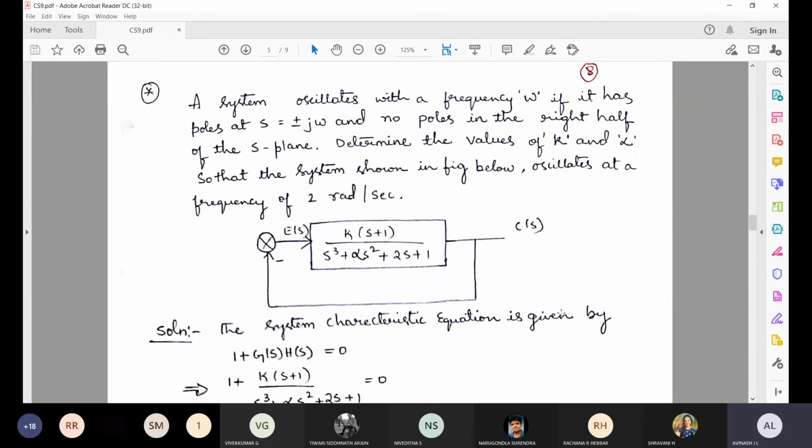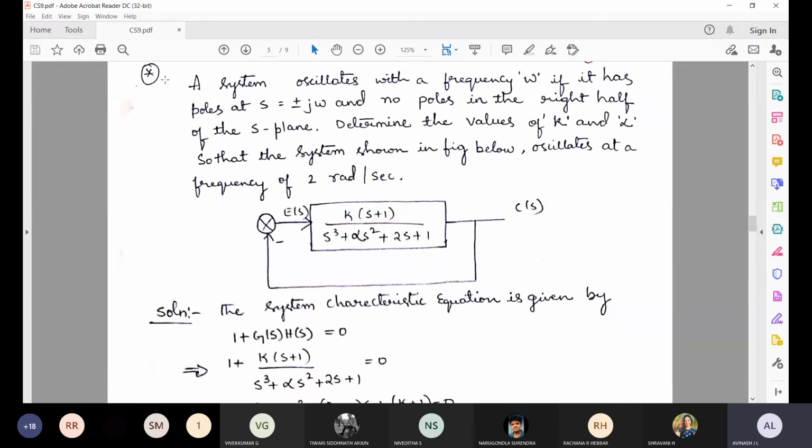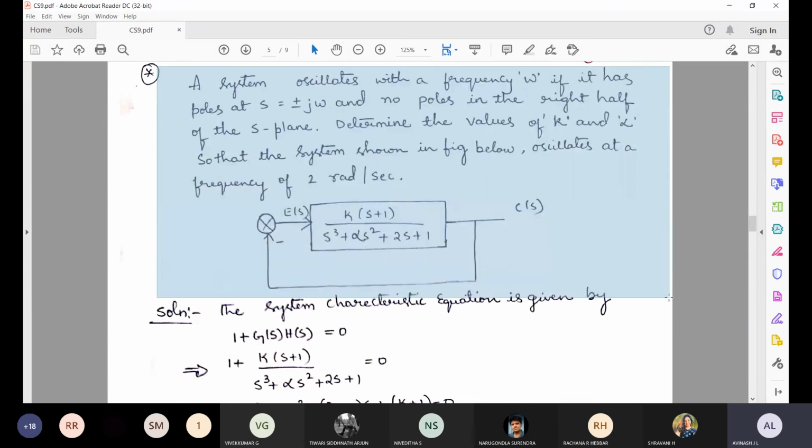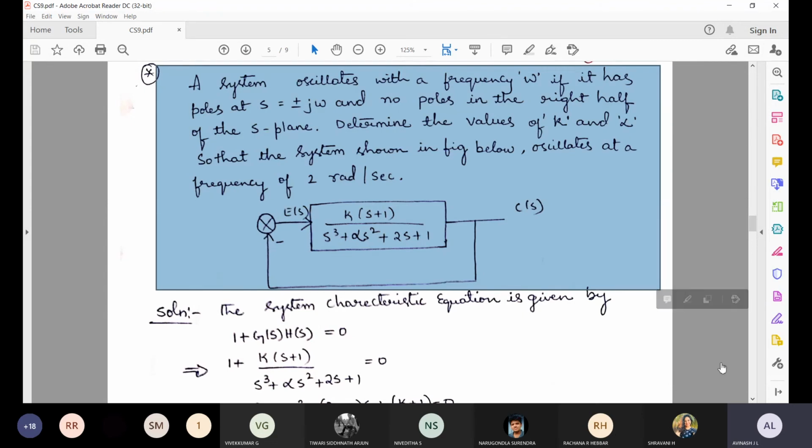So once you have done this, I can take the next question. Take the last question for today. Write down, all of you. Write this particular question. A system oscillates with a frequency omega if it has poles at s equal to plus or minus j omega and no poles in the right half of the s plane.